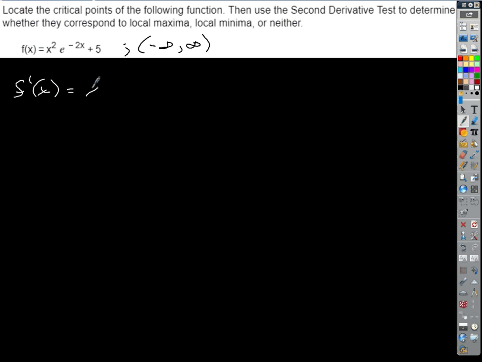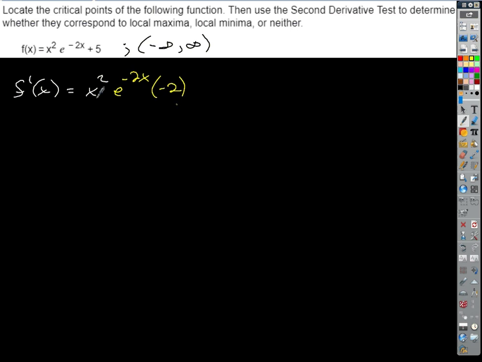So I'm going to have x squared times, what's the derivative of e to the u? e to the u times u prime. Okay. So I'm going to get times e to the negative 2x times negative 2, right?